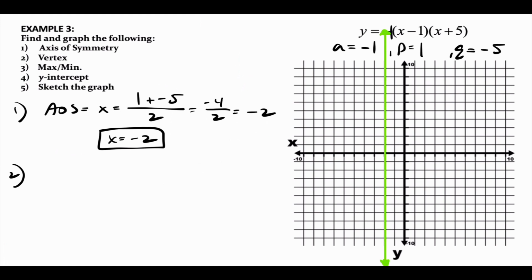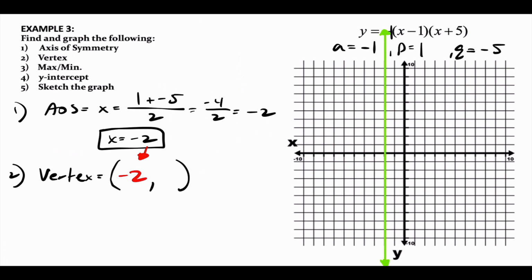Vertex. I'm going to do the same way I did yesterday and the day before. I already know half of it. I know -2 is going to go here. I just have to figure out the other one. So yesterday I plugged it back in for x. I'm going to do the same thing today.